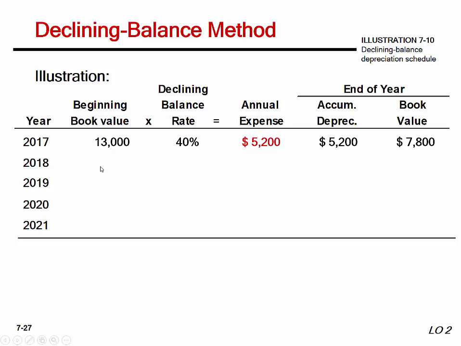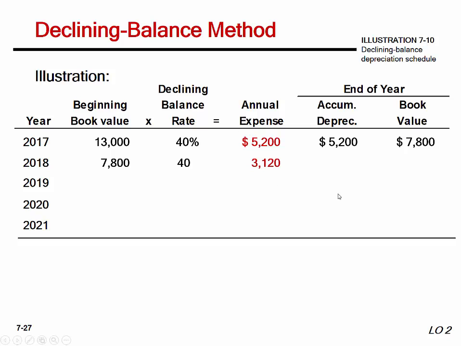It's going to roll over here, and it's going to be our beginning book value for the second year. And then we just follow the process again. 7,800 times 0.4 equals 3,120. Increase depreciation expense, $3,120. Increase accumulated depreciation by $3,120.